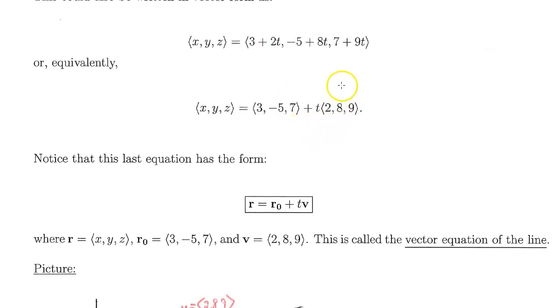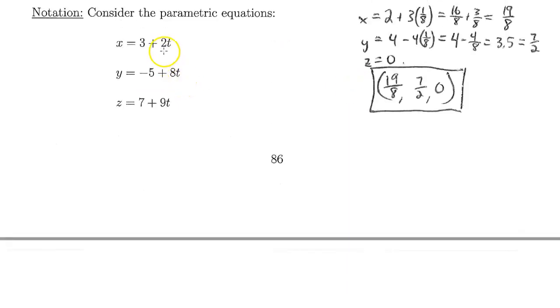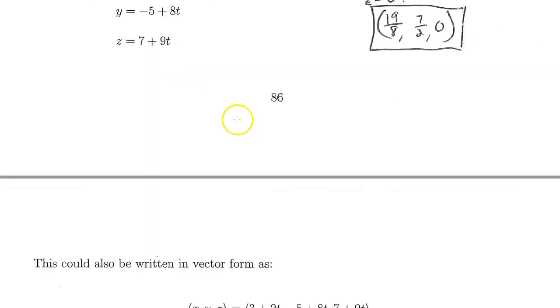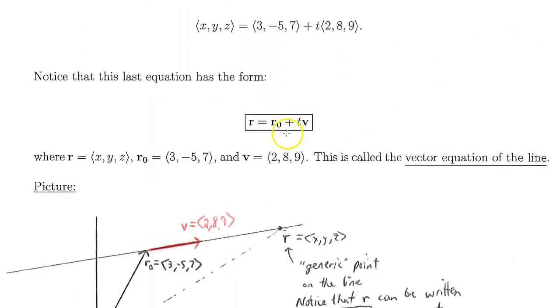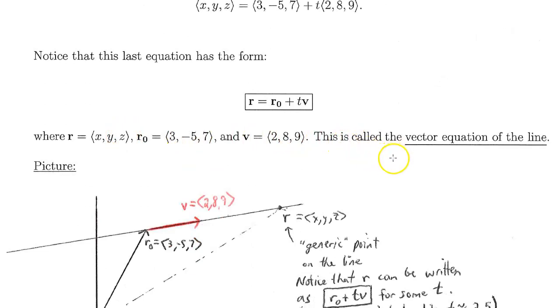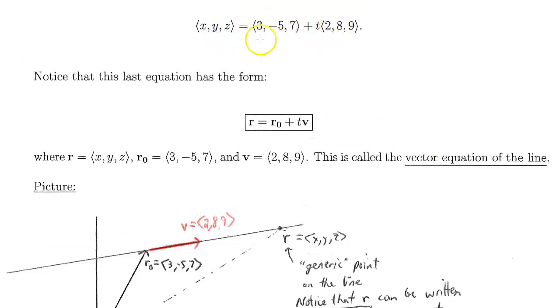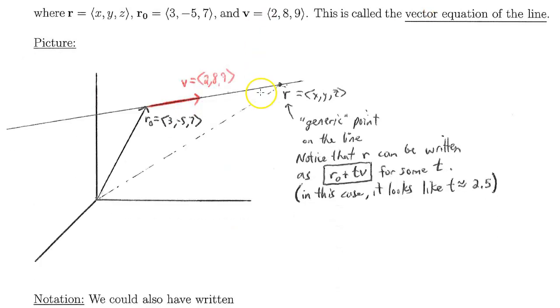And the v is the 2, 8, 9. Those are the numbers right here. So this is called the vector equation of the line. We can rewrite those parametric equations as a vector equation. And by the way, you can also go vice versa. You can start with a vector equation like this and rewrite it as parametric equations.